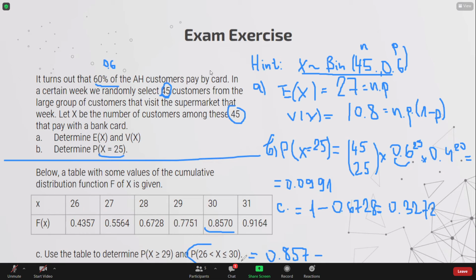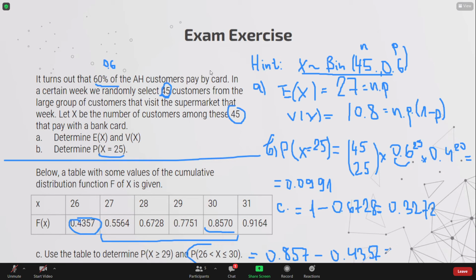minus, we're interested between 26, so in here, up to and including 30. So we have to subtract the probability of having 26 customers, which is exactly 0.4357, which is right here.